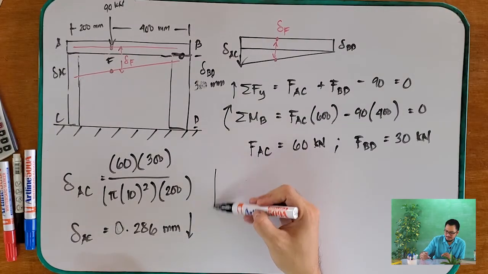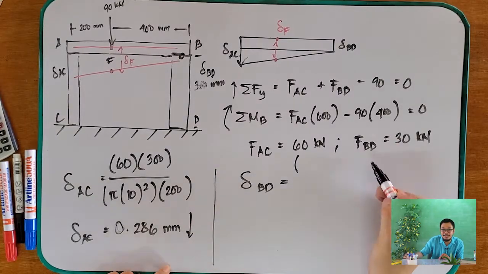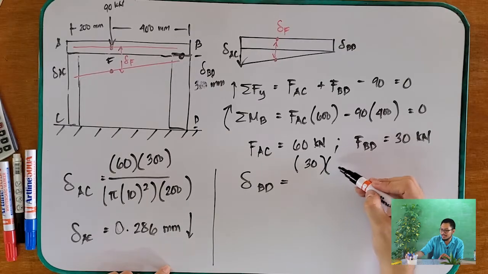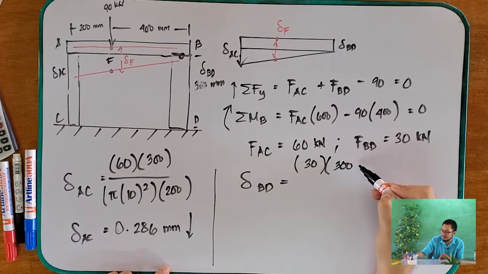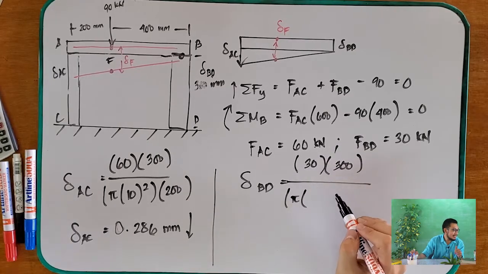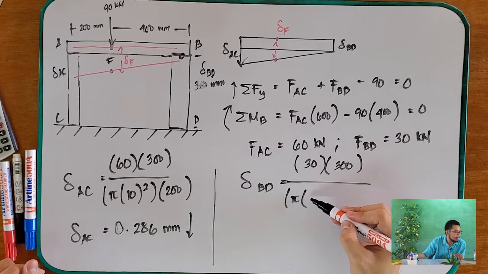Next, here in our delta BD. So, FBD, which is 30 kilonewtons, times its original length of 300 millimeters over pi times the area of our aluminum 40.